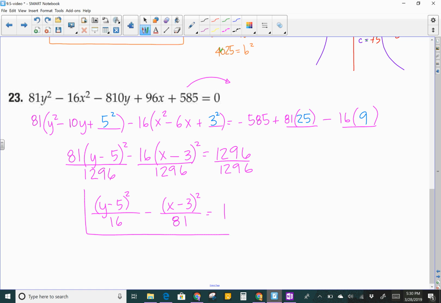And now I have it in standard form, and I know my center is at 3, 5, and I know how to graph it. So you've got to be careful with what I just did. It didn't take me until this step to realize what I had done, but that's what trips people up. Okay? And when you're doing it on different sides of the equation, like we are here, but we didn't on a parabola, then you do the same thing. When you're doing the different sides, you do the same thing on both sides of the equation.